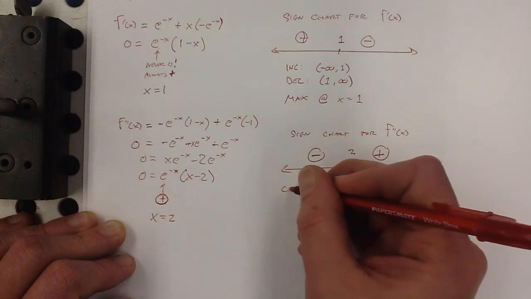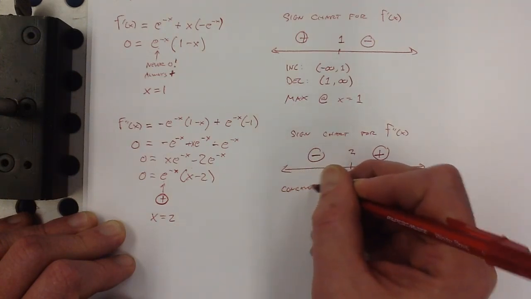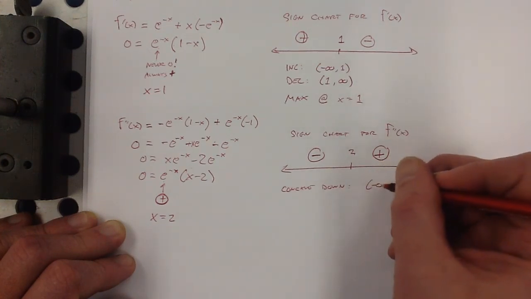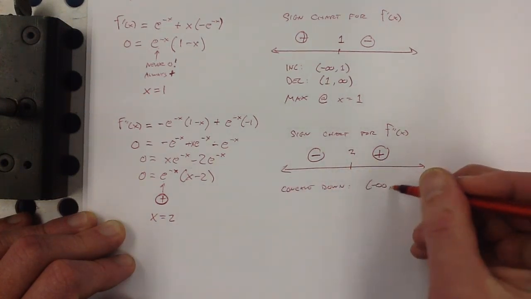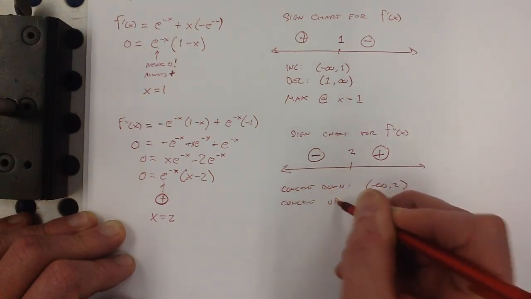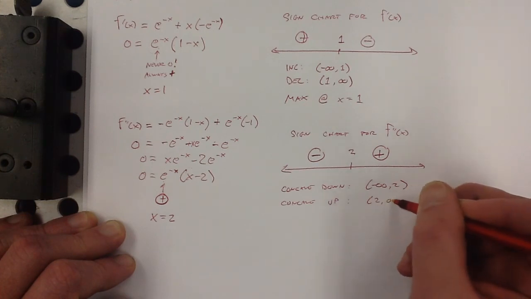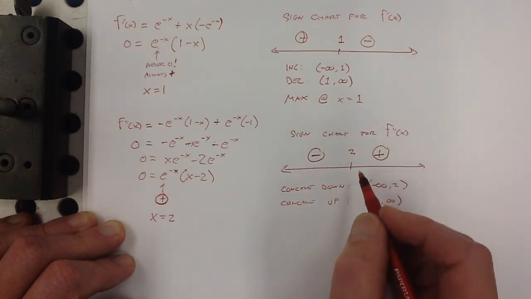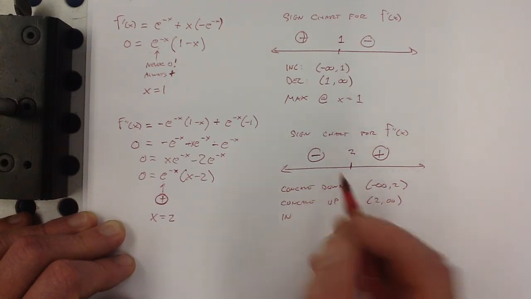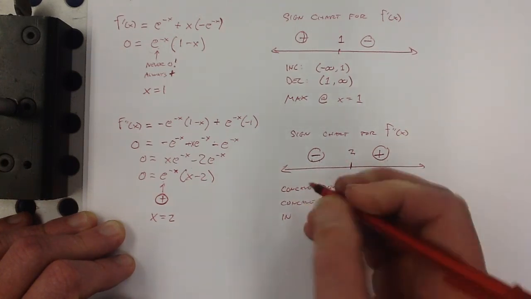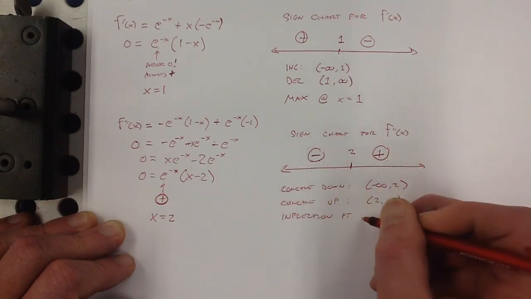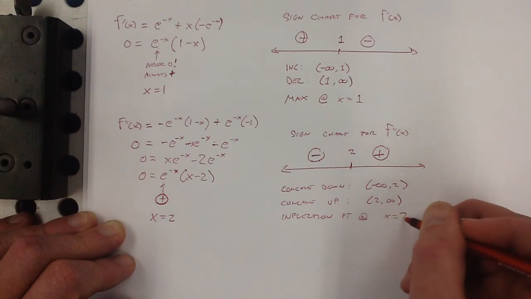So that means we are concave down from negative infinity to 2, and concave up from 2 to infinity, which also means that here at 2 we have an inflection point because it really does change sign, right? Inflection point at x equals 2.